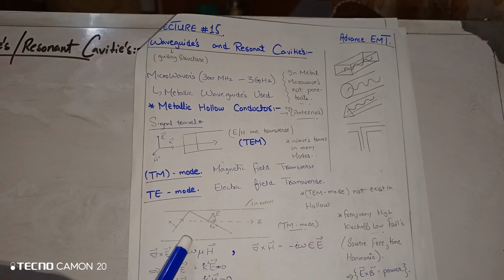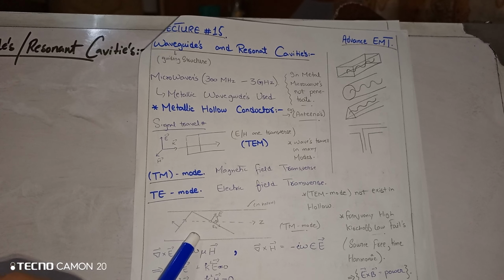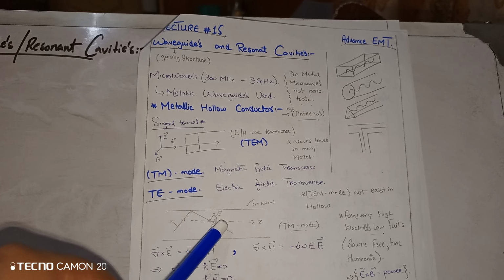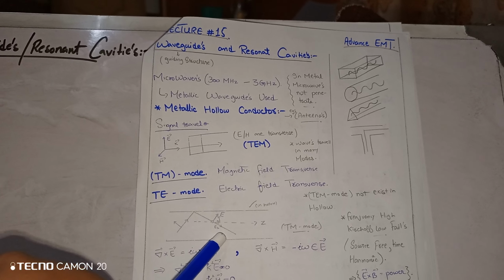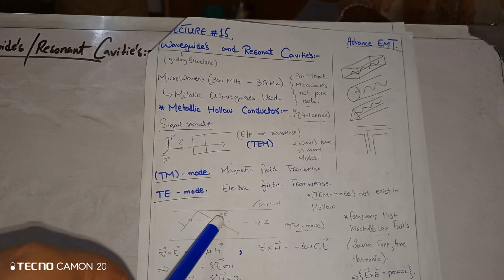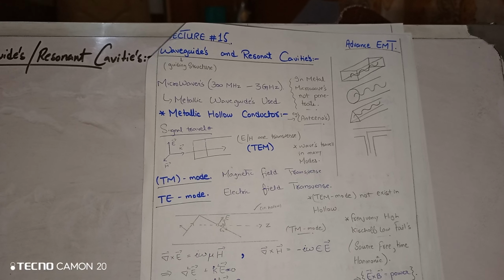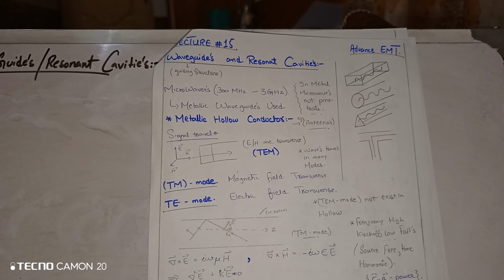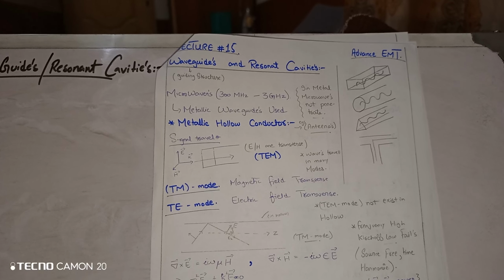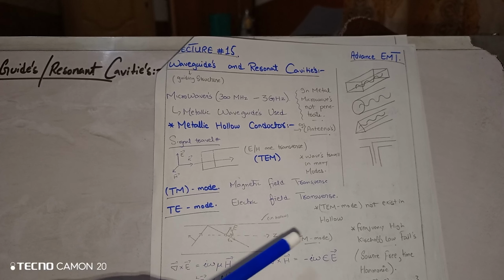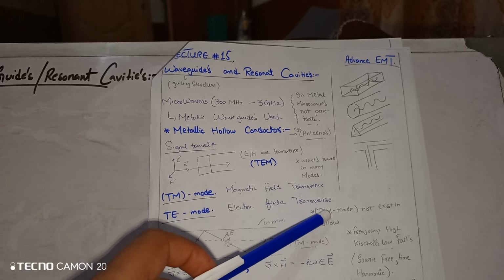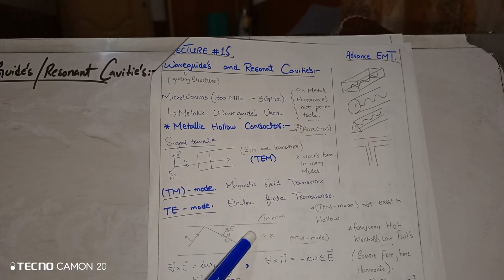Okay, so you can easily see that in this TM mode your magnetic field is transverse, while your electric field has components along the z-axis in the hollow. So TEM mode does not exist in a hollow, only TM mode exists in a hollow. Why does TEM not exist in a hollow?